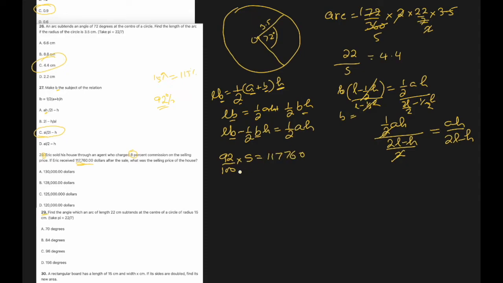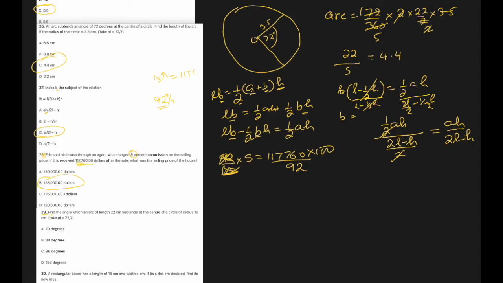Find S. So we multiply this by 100, and divide by 92. Let's use our calculator: 117760 and 2 more zeros, divided by 92. That gives 128000. This is the answer.